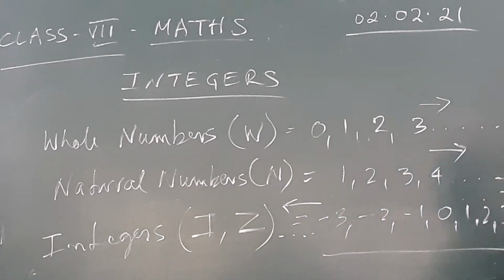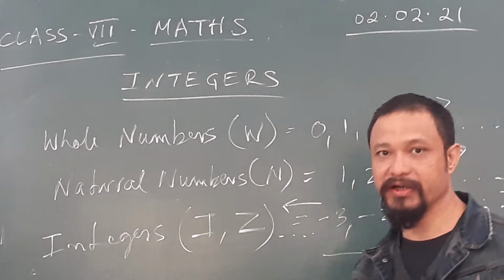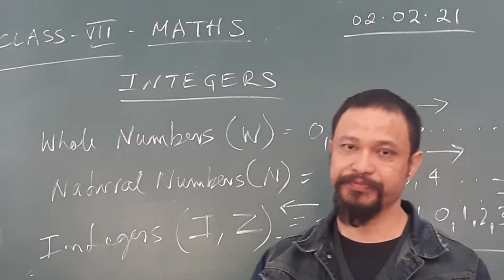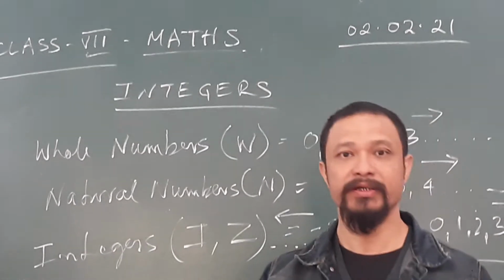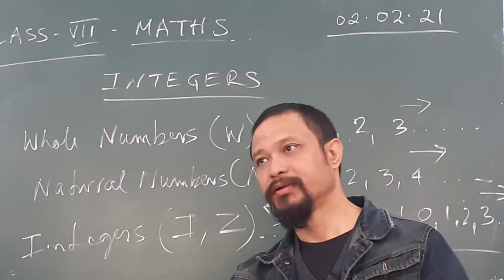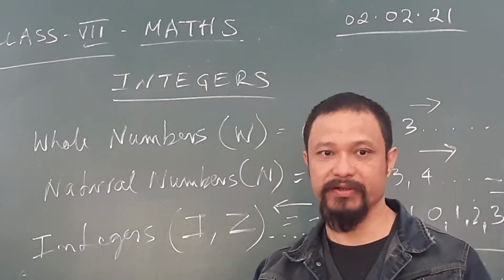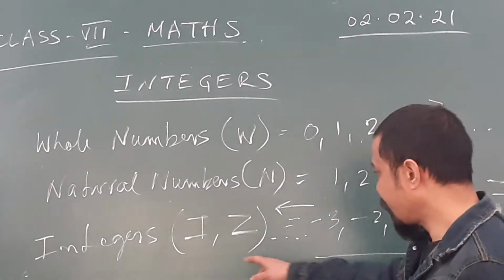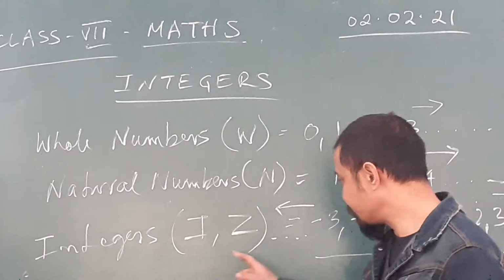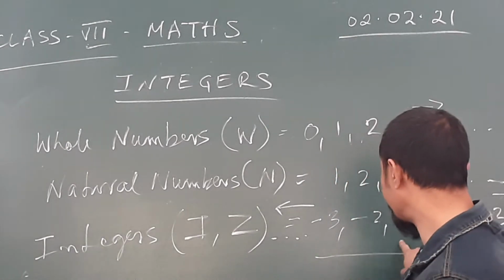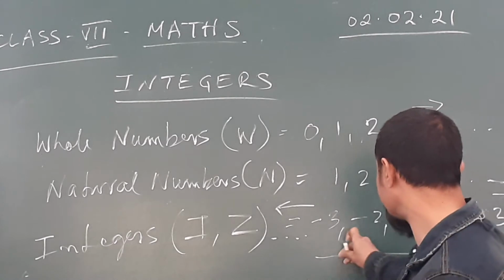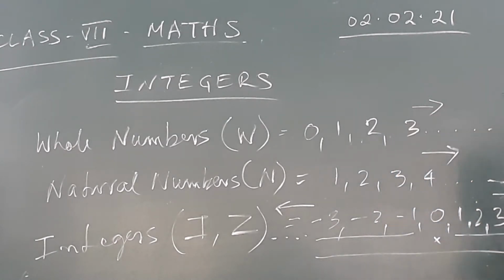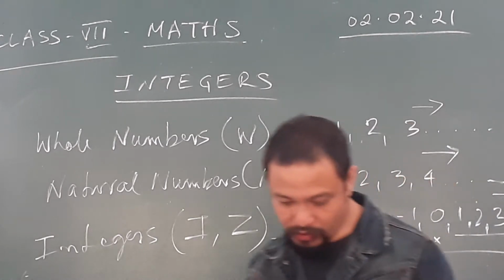Basically, everything was included in integers: minus numbers, 0, and the positive numbers thereafter. Understood? So, the symbol for integers is I or Z. We have a set of negative numbers, then we have the 0, then we have the set of positive numbers. That's what integers were all about.